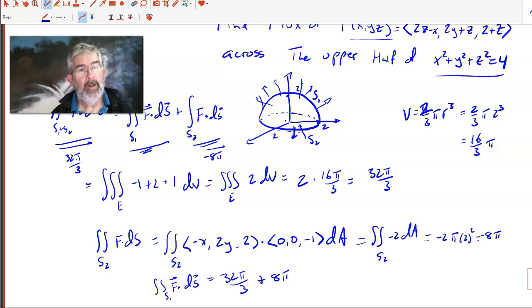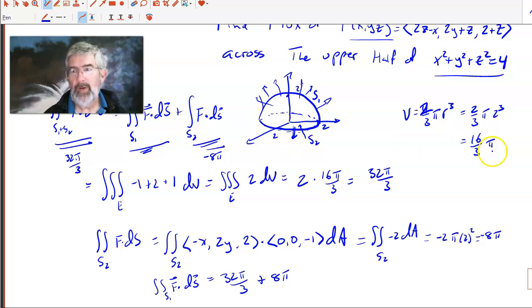Now, another way we might have done this, because we saw with Stokes' theorem, is that the integral of the flux of the curl is independent of the surface. It only depended on the boundary.